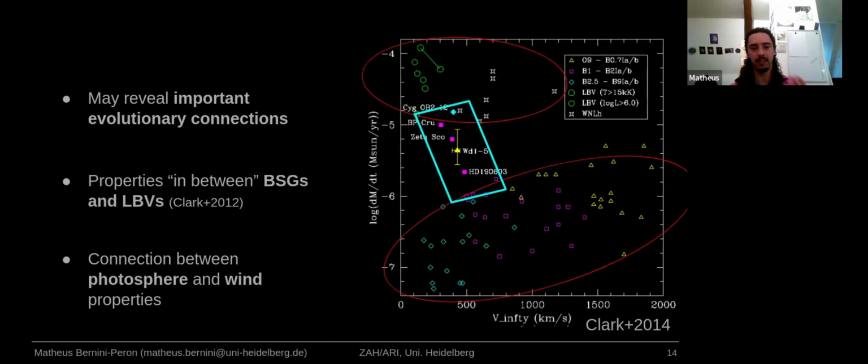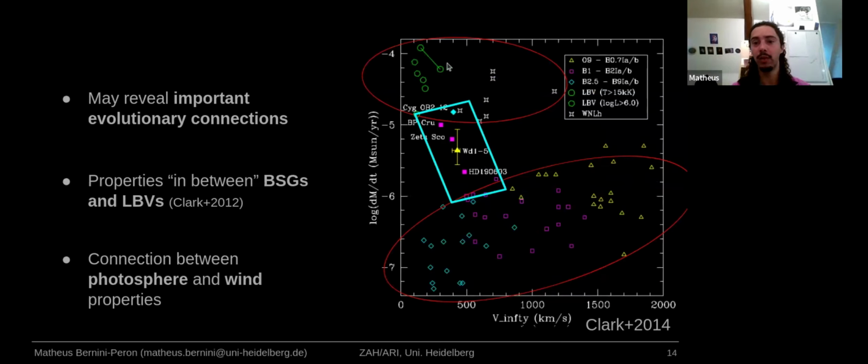Also, these in-between properties show up in their winds. If you plot the mass loss rates against their terminal velocity, here we have most of the B supergiants and O stars as well.